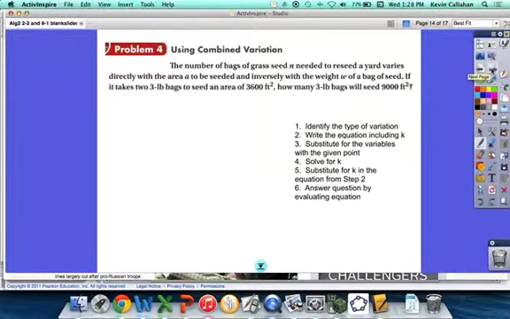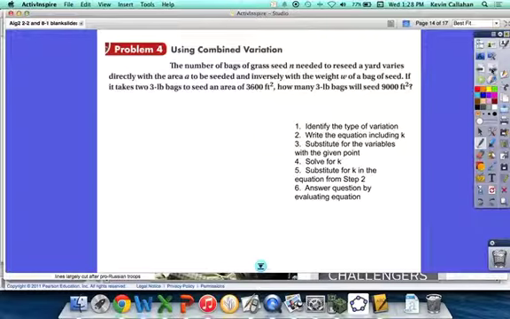So this one: the number of bags of grass seed, N, needed to reseed a yard varies directly with the area A to be seeded and inversely with the weight of the bag of seed. If it takes 2 3-pound bags to seed an area of 3,600 feet squared, how many 3-pound bags will seed 9,000 square feet?